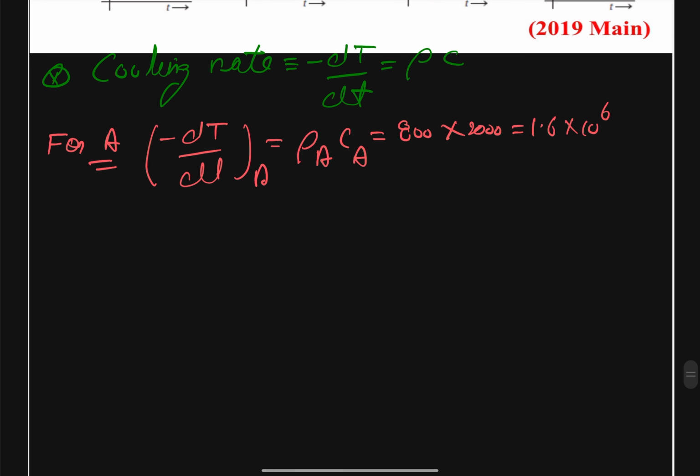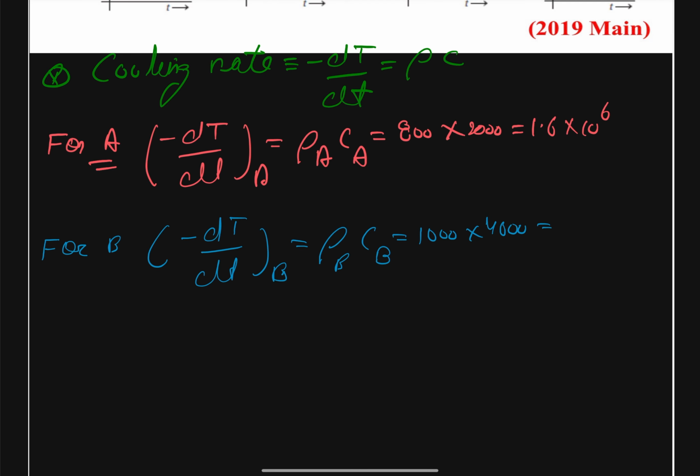Similarly, we can write for B. For B, the cooling rate of B is equal to the density of B and its specific heat, and this is our 1000 multiplied by 4000, giving us 4 into 10 to the power 6.